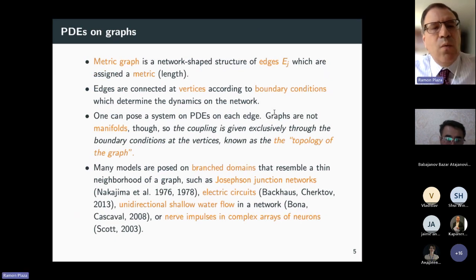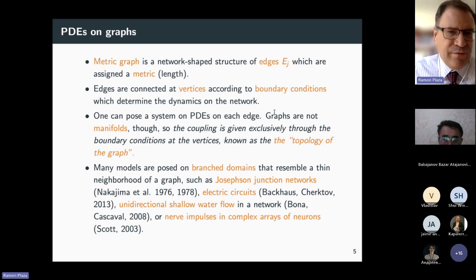Now, what is the motivation to pose a PDE on a graph? A metric graph is a shaped structure. It consists of edges, which are assigned a metric, a length in this case, which is one-dimensional, and they are joined via vertices.